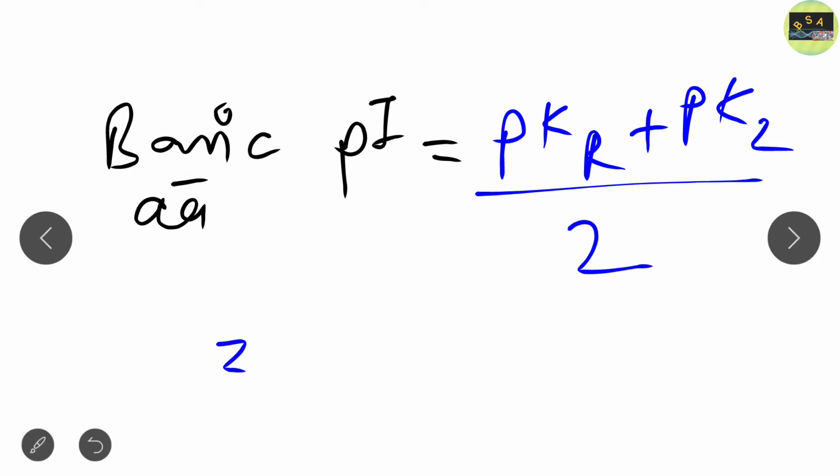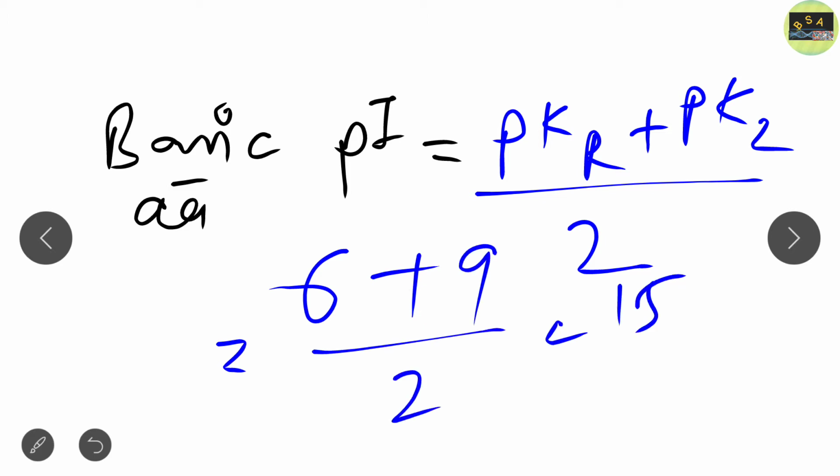So the pKr value for histidine is 6, and the pK2 value we take as 9, so 15 by 2, that is approximately 7.5. So for histidine the pI value is approximately 7.5. So this is the concept.